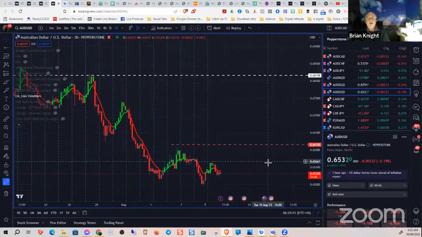Yes, a sea of red candles, absolutely, AUD and NZD. And yes, they do pullbacks. But you get in that sort of trend on the higher time frame and you just keep riding it. It's like having a wave that just keeps pushing you.